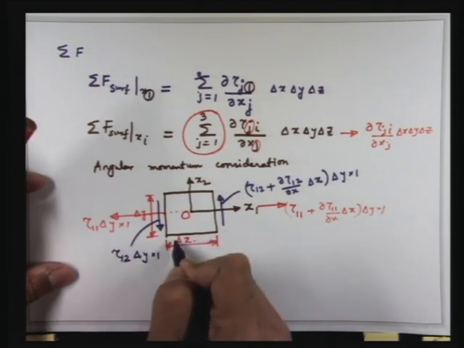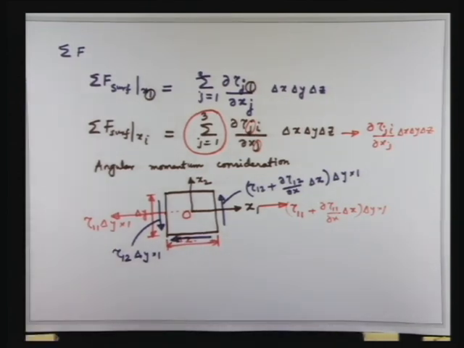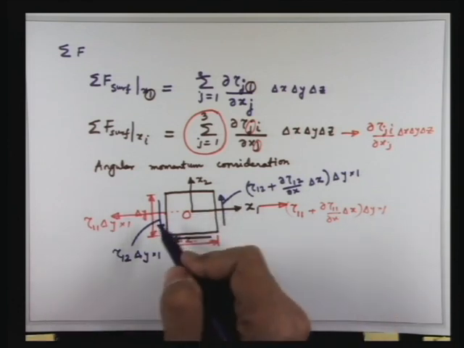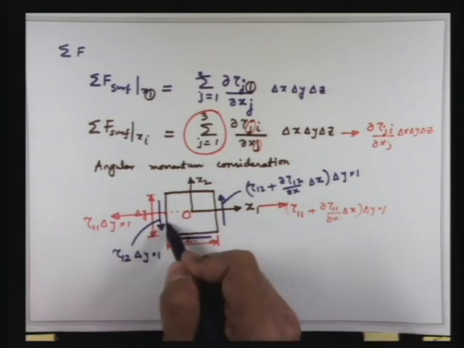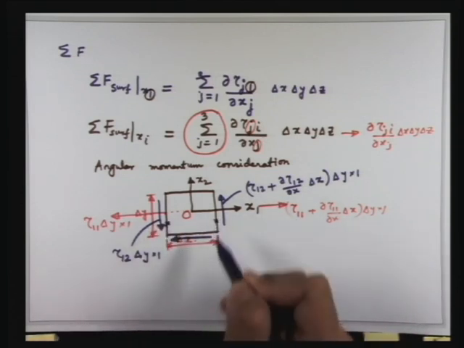For the bottom face, yes? No, it depends on what you have assumed here. If it is tau 1 2, then the change from here to here is delta x, right?